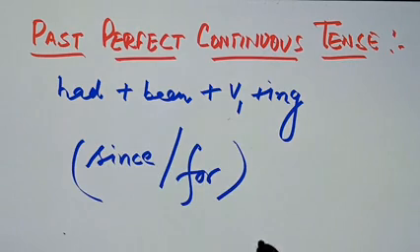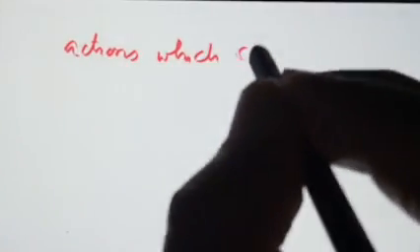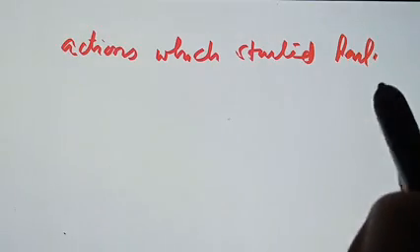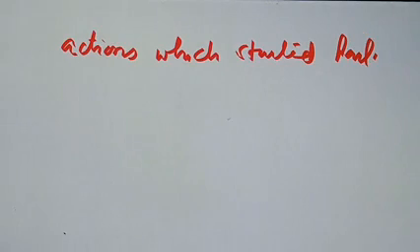So this is the rule for past perfect continuous tense. And further, where to use this? It is used to express such actions which started in the past before some particular time and which still continued on.